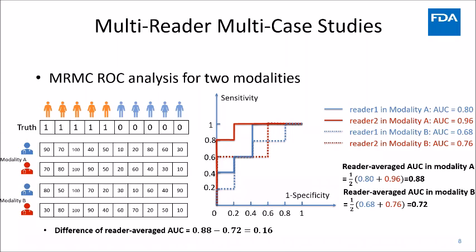To estimate the uncertainty of this primary endpoint, we want to calculate the variance of the difference of reader average AUC, which is very hard because we have very complicated correlation structures caused by the readers reading different cases, or the same case being read by different readers.